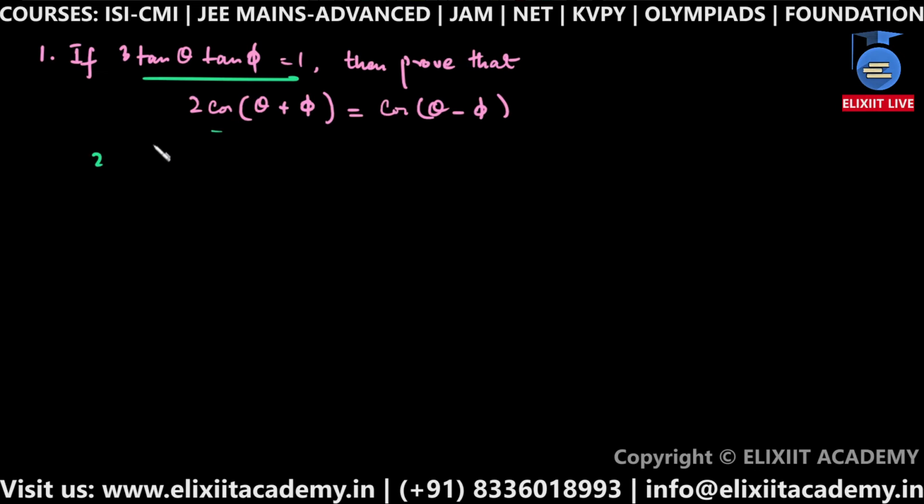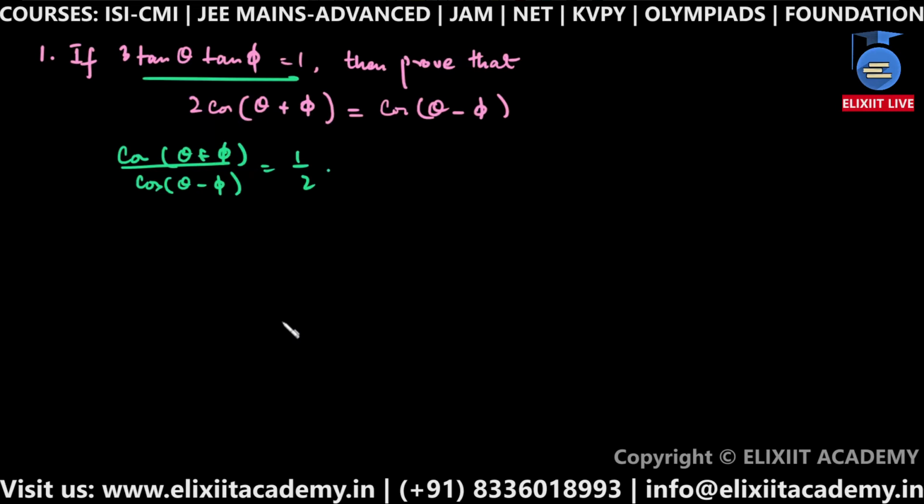We can write this as cos(theta plus phi) upon cos(theta minus phi) is equal to 1 by 2.